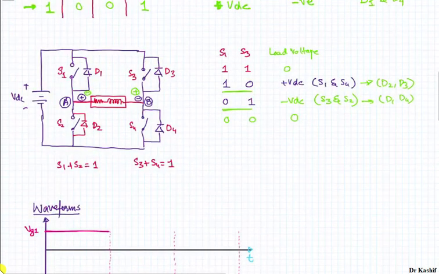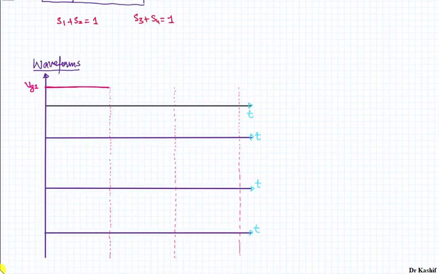And in order to complete the loop, as we look at this circuit, S1 and S4 need to be turned on. So this is the gate pulse or the gate voltage for the switch S1, and similarly the gate voltage of the fourth switch will be the same. So we are going to apply this voltage at the gate of our two switches, switch S1 and switch S4.